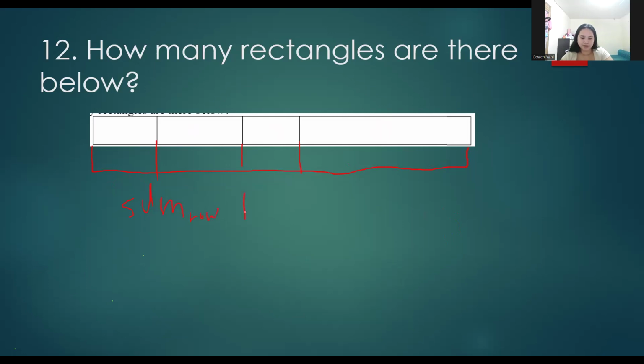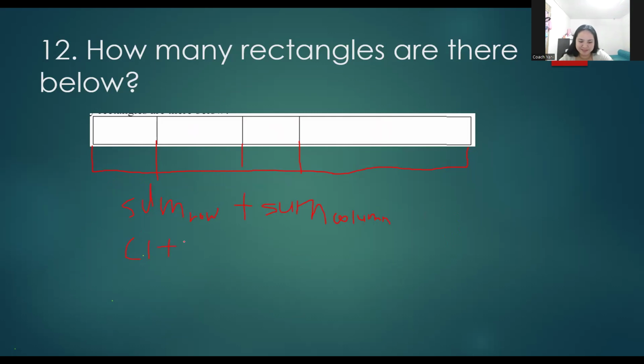So how much is that one? Can you answer, Kauri? 1 times 1 plus 2, times 1 plus 2 plus 3 plus 4.